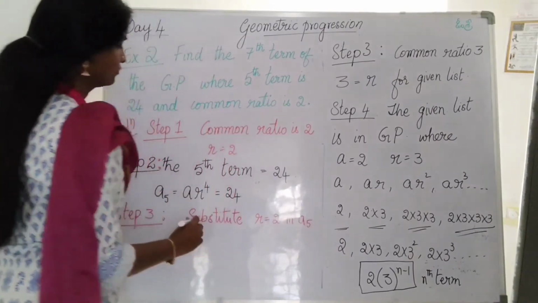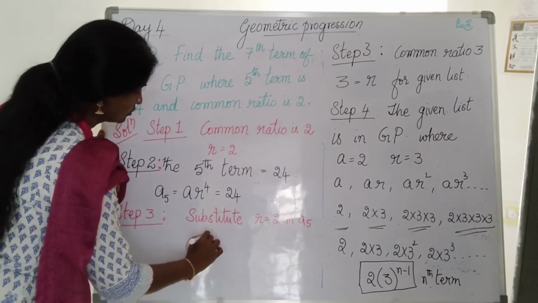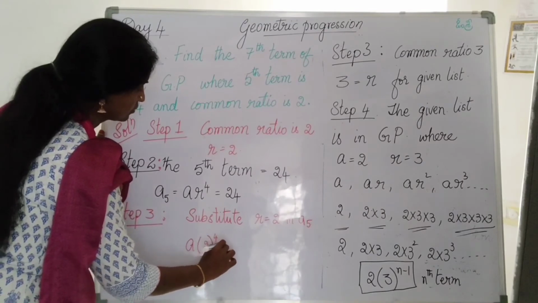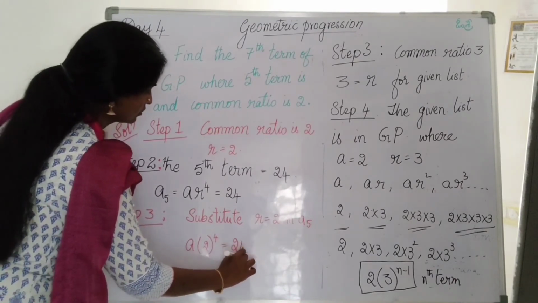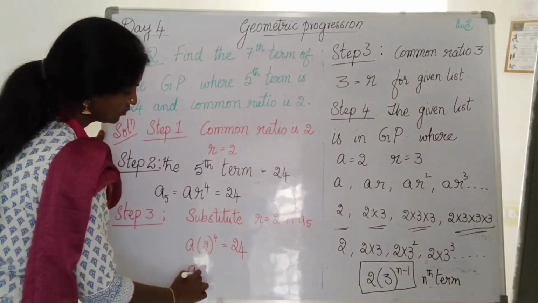In A5, that is A into 2 to the power of 4 will be equal to 24.